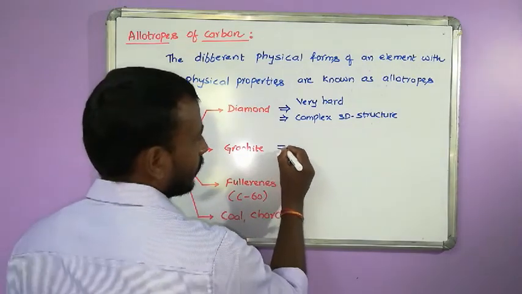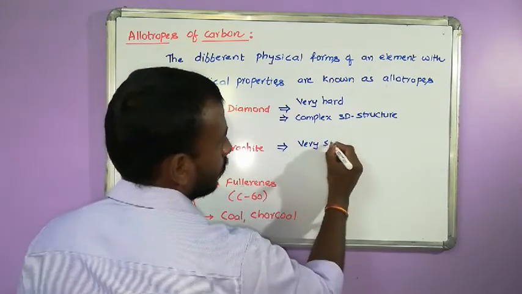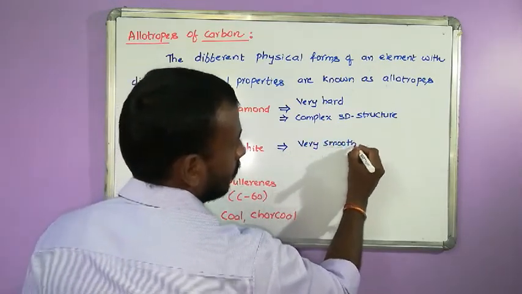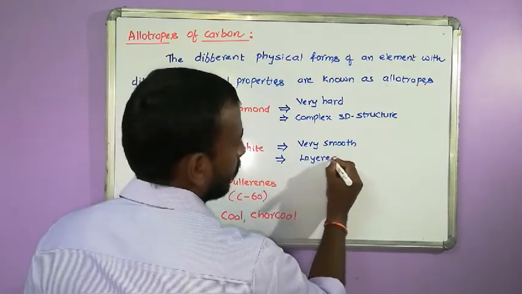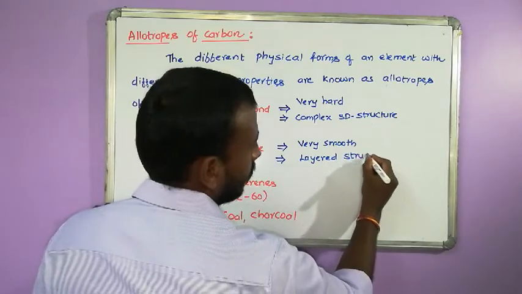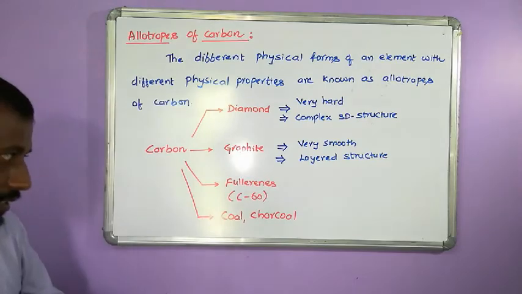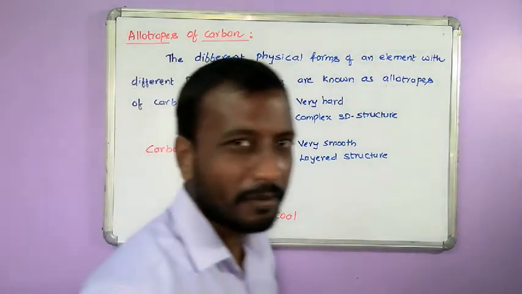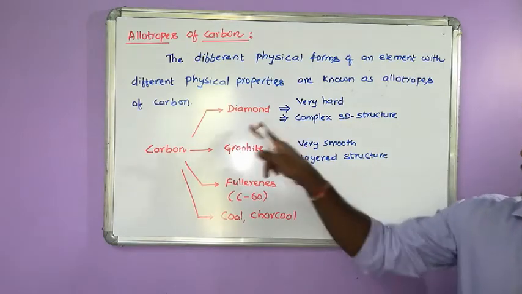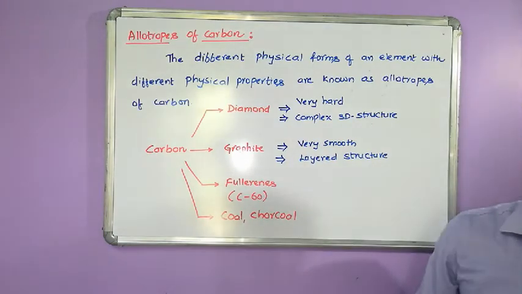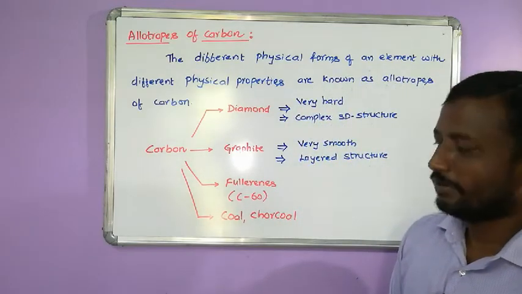But graphite is very smooth, with a layered structure and a very slippery surface. Fullerenes are man-made compounds. So graphite can simply be cut with a knife, but diamond is going to cut the knife. That is the basic difference between graphite and diamond.